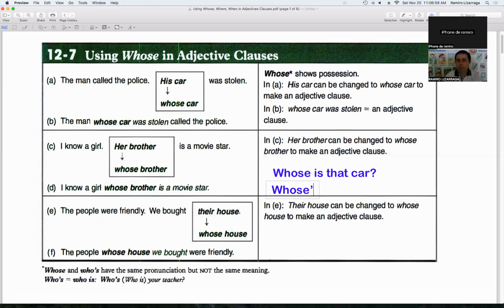Así es. Y también puedo decir whose book is this?